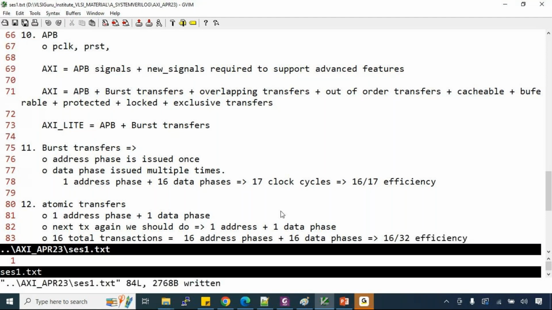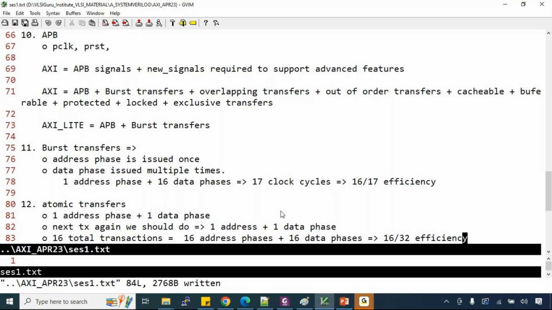Which is more efficient? Burst is more efficient or atomic? Burst is more efficient, right? The primary goal of burst is to do the address phase only once and do the data transfers multiple times. Data transfer is where the actual data transfers are happening. The address phase is only to convey the information: at this address, I want to do write or I want to do read.